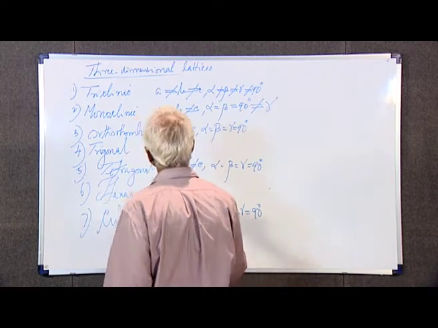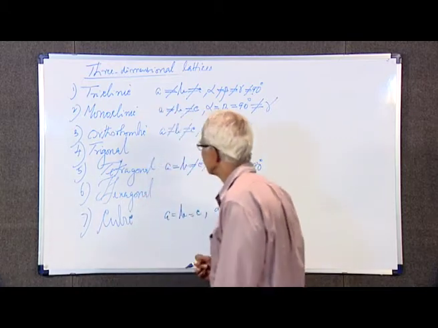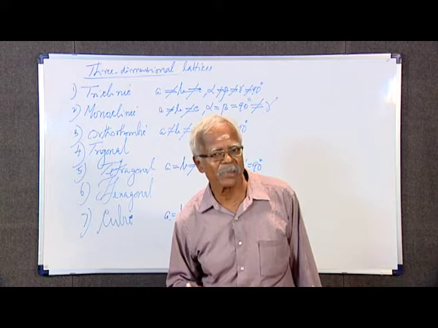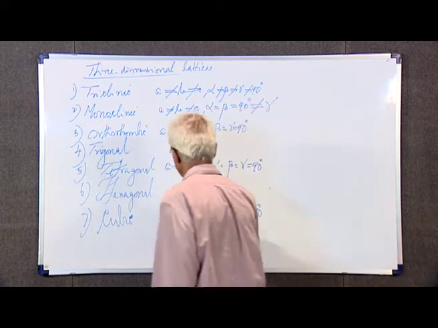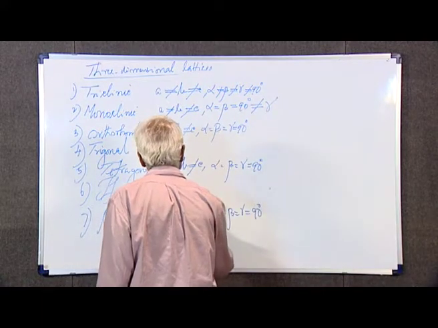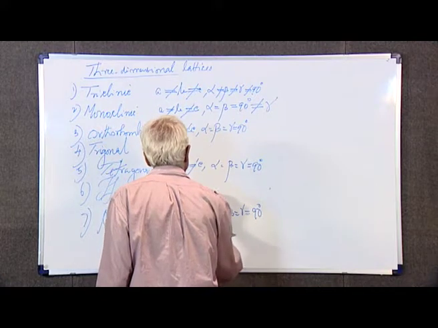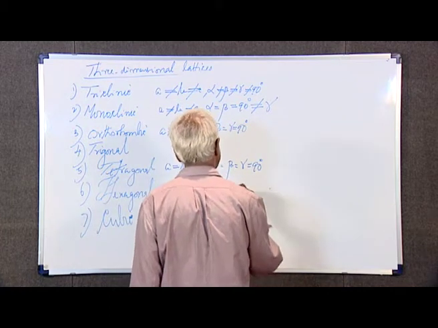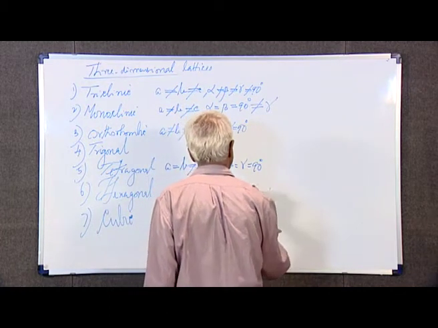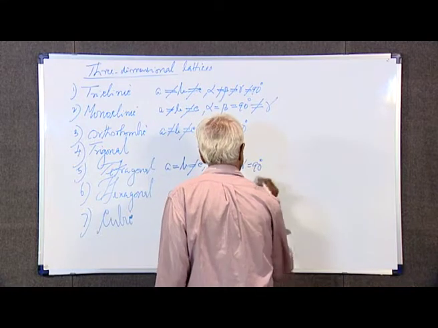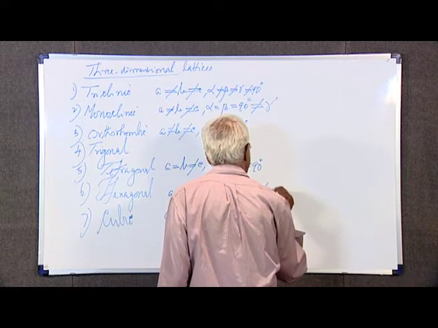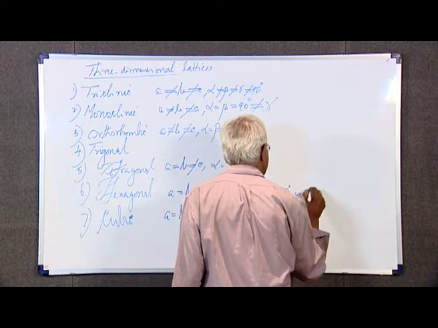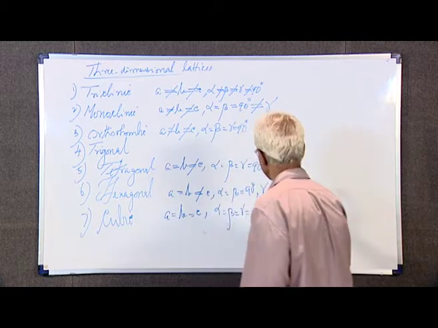Now, the hexagonal lattice in 3 dimensions is exactly the 3-dimensional counterpart of the hexagonal lattice in 2 dimensions, that is A equal to B not equal to C, alpha equal to beta equal to 90 degrees, gamma equal to 120 degrees, or 60, that is they are supplementary angles, one can take either.